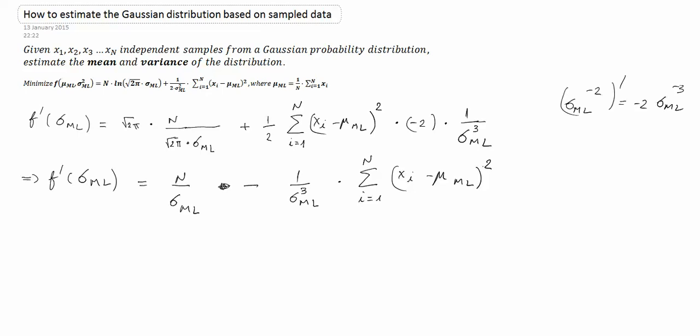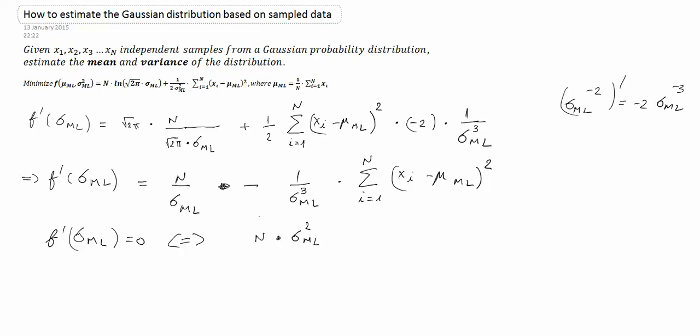Good. So if we are going to determine the sigma ml value for which this value is minimized, we would have to write down this equation, and this is equivalent to n multiplied by sigma ml squared.